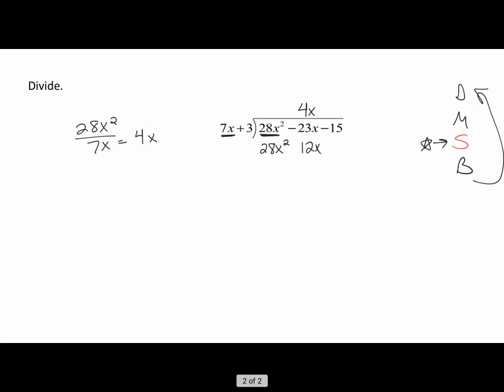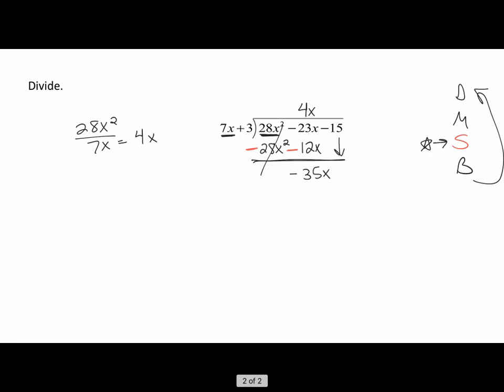Now we're going to subtract, and this is the reason why I didn't put a positive sign here, because I'm going to change any sign in that product to be the opposite when I subtract. And the first term should cancel out to 0. If it doesn't, then we made a mistake in our quotient. And then negative 23 plus negative 12 is negative 35x.